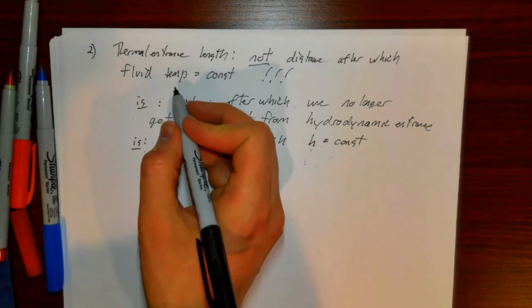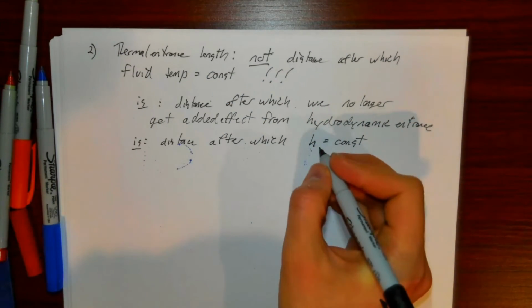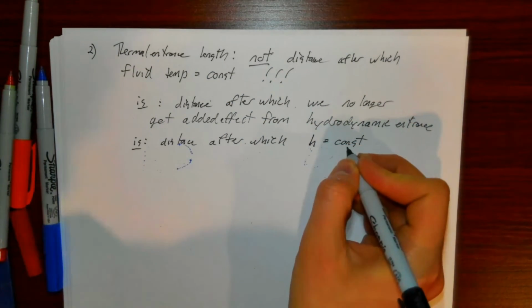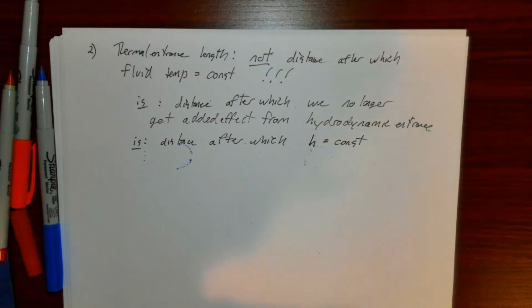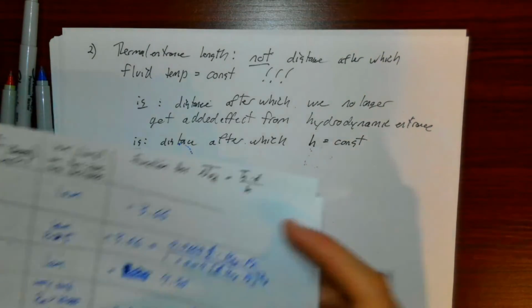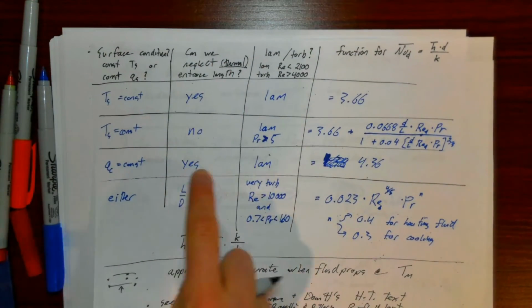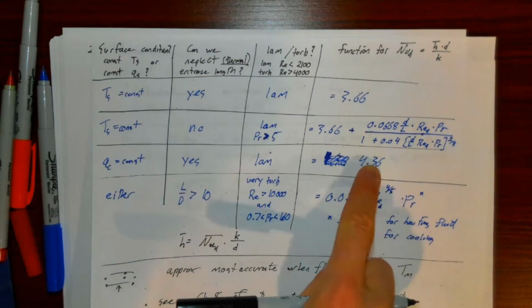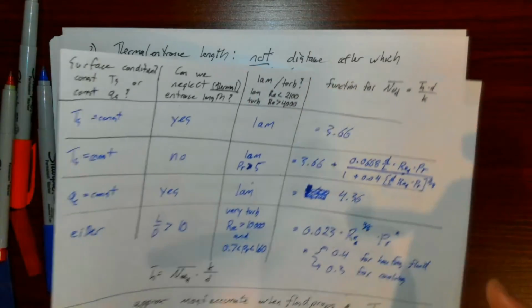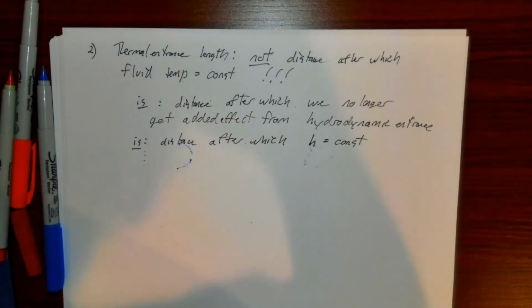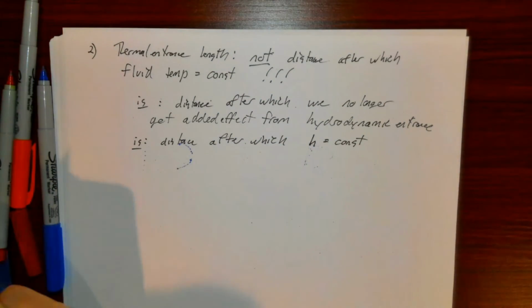So it's not a distance after which the fluid temperature is constant, it's a distance after which h essentially becomes constant. And that's reflected in this chart here, where if your entrance length is negligible, then your Nusselt number is basically a constant, which means your h is a constant, no longer dependent on what position we are downstream in the pipe.